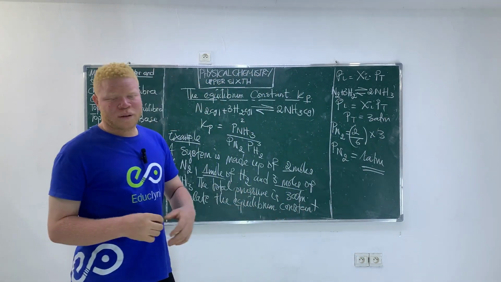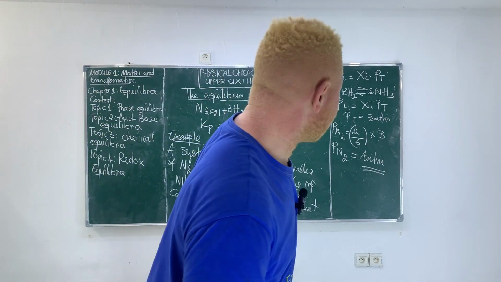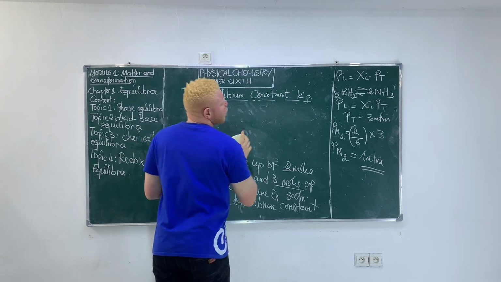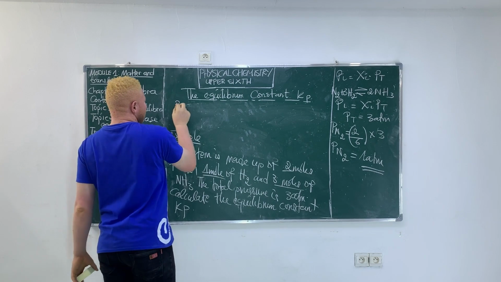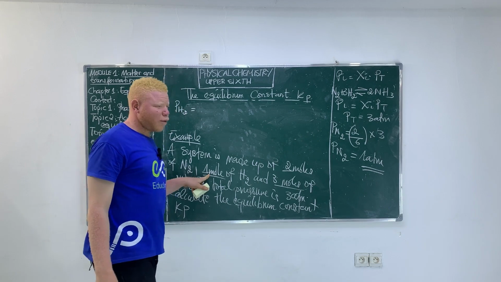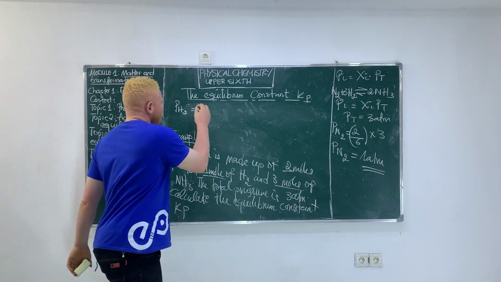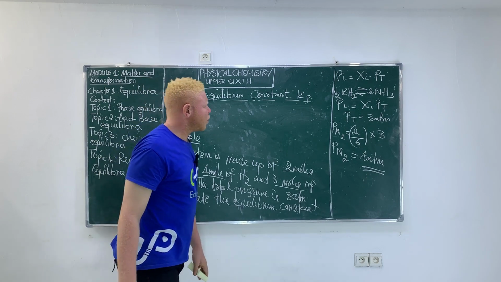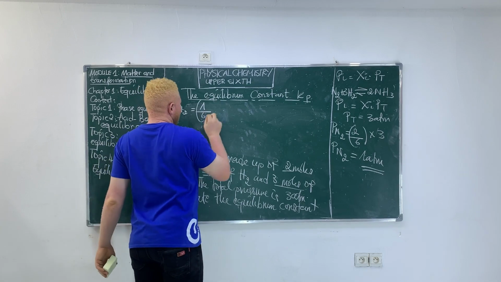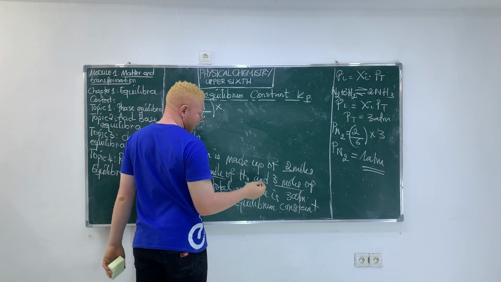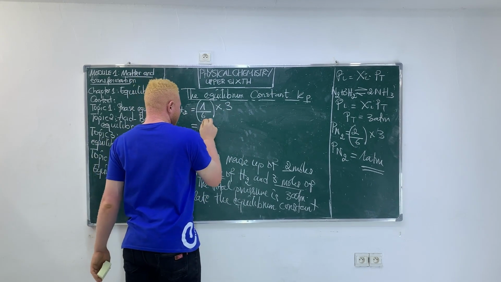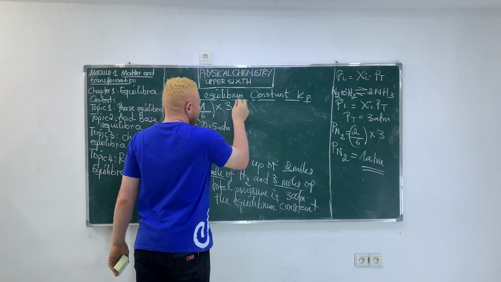Now let me write the others. The partial pressure of H2 is equal to the number of moles of H2, which is 1 mole in the system, divided by the total number of moles, which is 6, all times 3 because 3 was the total pressure. So here we have a half, that is 0.5 atmosphere.